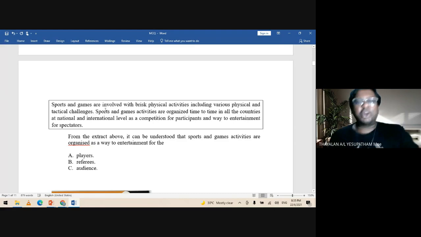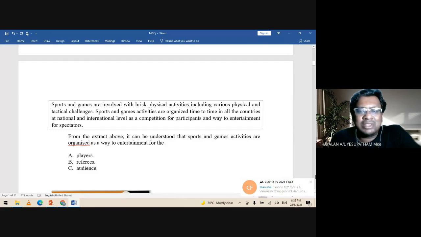Now, sports and games are involved with brisk physical activities, including various physical and tactical challenges. Sports and games activities are organized time to time in all the countries at national and international level as a competition for participants and way to entertainment for spectators.